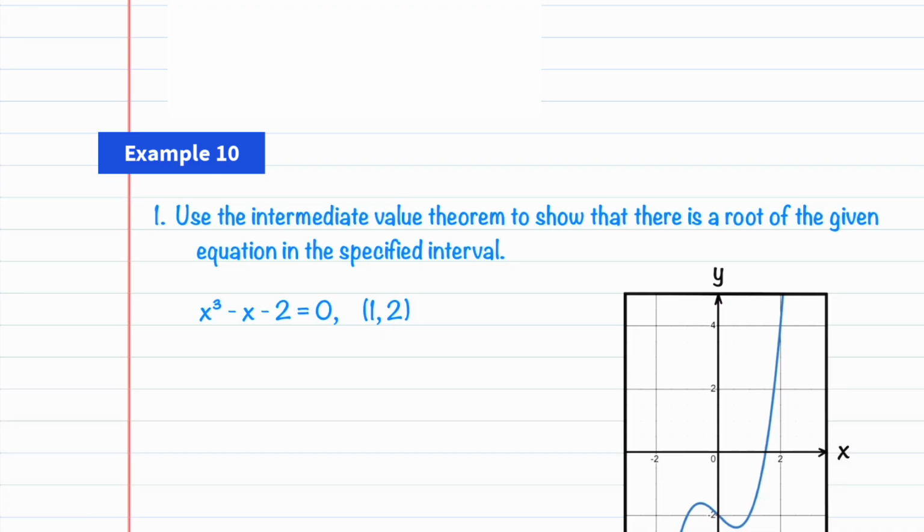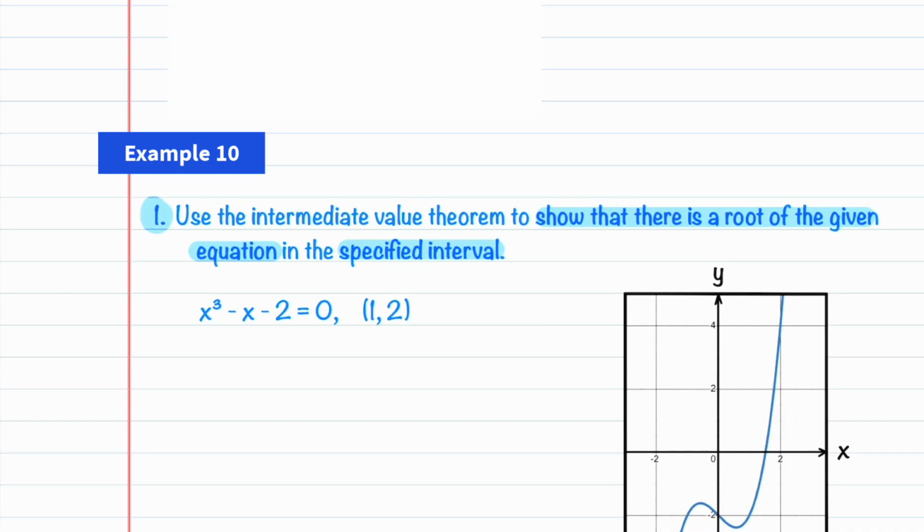One really nice application of the intermediate value theorem is when we can use it to show that an equation has a root in a specified interval. And that's what our examples are going to be about. In our first example, we are going to use the intermediate value theorem to show that there is a root of the given equation in the specified interval.